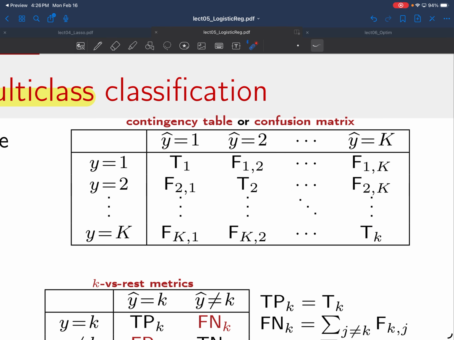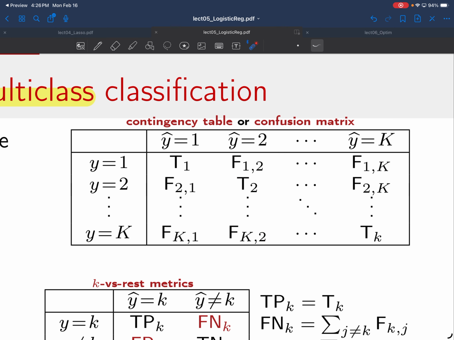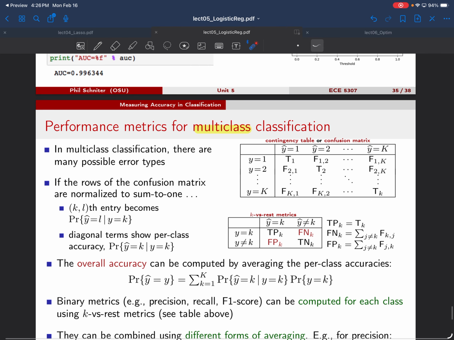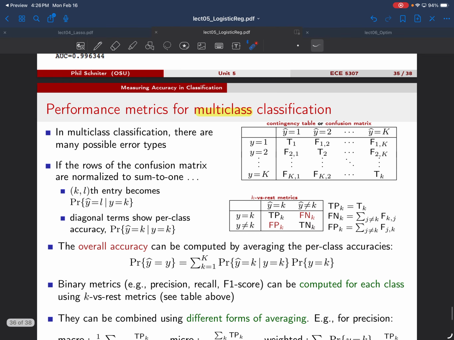And now you can see we have a whole bunch of different ways of being incorrect. It used to be 2 in binary. Now it ends up being k times k minus 1. So tons of different ways of being incorrect. So that obviously can be overwhelming. So one of the things that people often do in printing these or interpreting these confusion matrices is they normalize the rows so that they sum to 1.